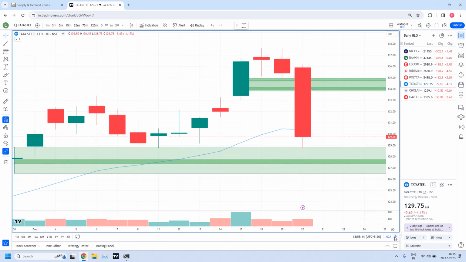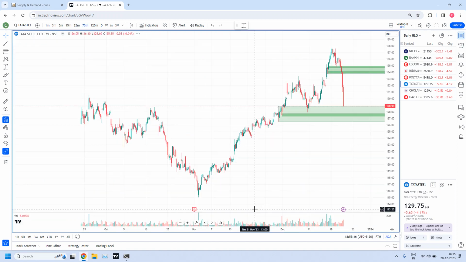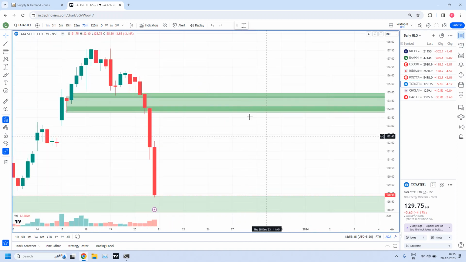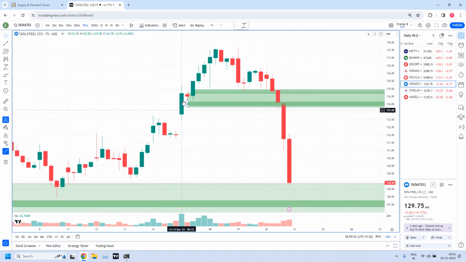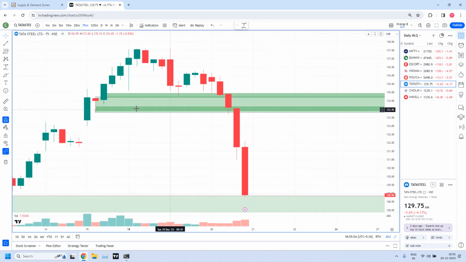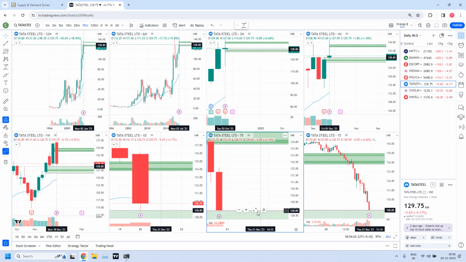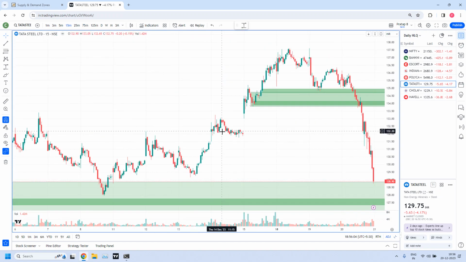So let us go to the 75 minutes time frame. It is a 75 minutes high liquidity zone. We have a rally base rally candle. And this 75-minute zone you have to fine tune at 15 minutes level. We have identified two 15-minute zones.